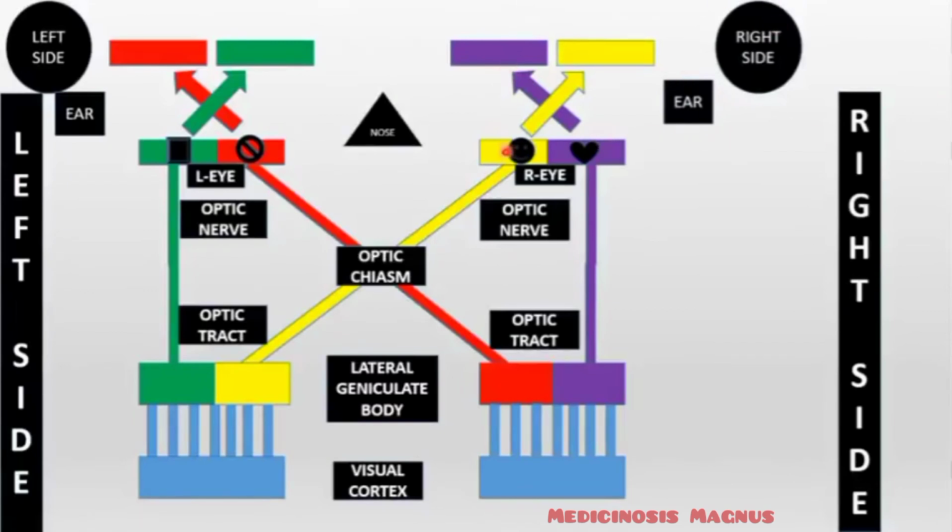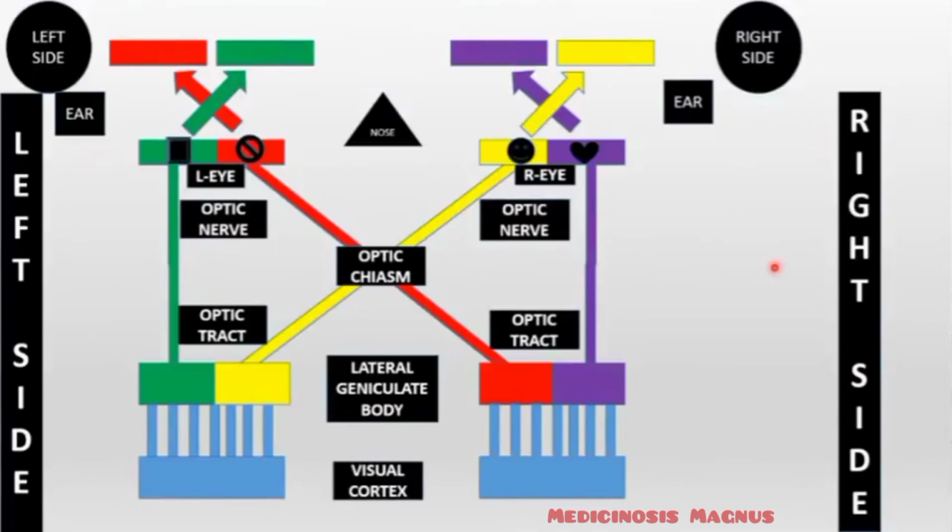The smiley comes here and the heart goes here. That is, your eye that was near to the nose was seeing the lateral half of the world. Your eye that was near to the ears was seeing the medial half of the world. Just like that, you can see for the left eye, this box and this circle, they just cross over.